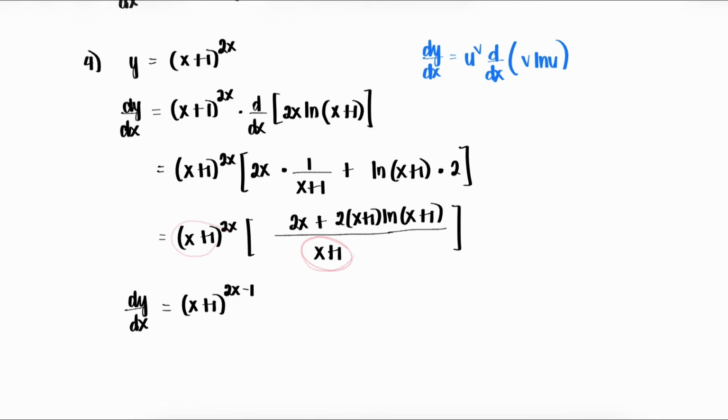Okay, times 2x plus 2 times x plus 1. So we can actually factor out 2, so we can put 2 outside here. Okay, and then let's just remove 2 here.